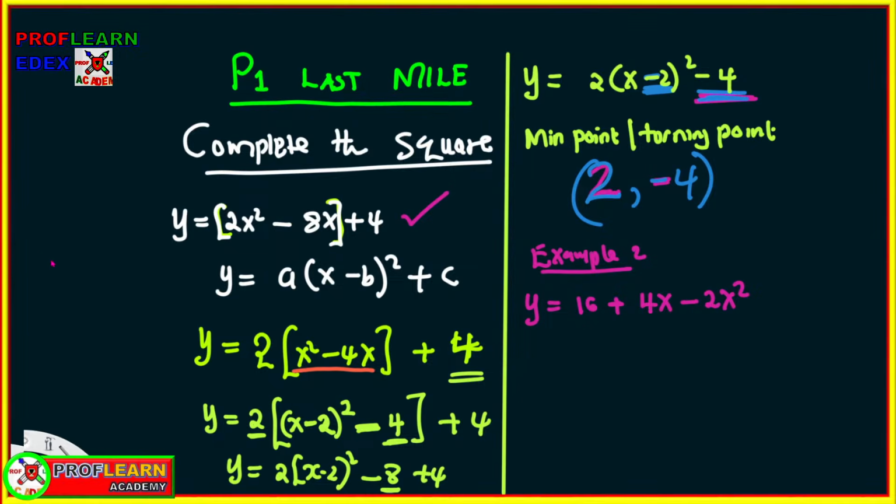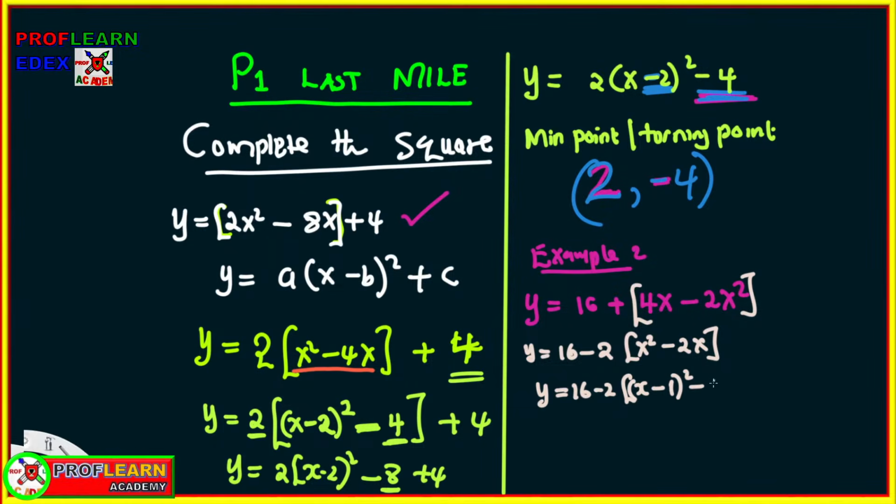So for you to complete the square of this, what you need to say first is, you group these two together. If you group the two together, you are going to factor out -2, and that's going to be y is equal to 16 minus 2 into x squared minus 2x. So y is equal to 16 minus 2 into bracket x minus half of this, which becomes 1.